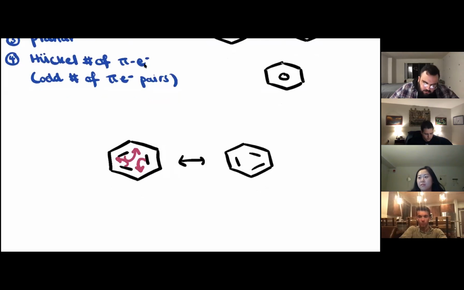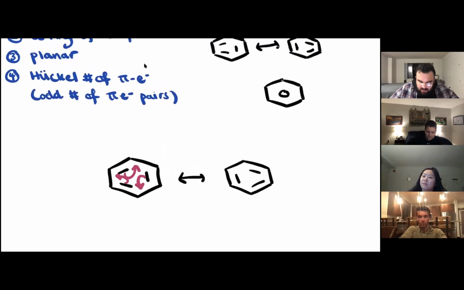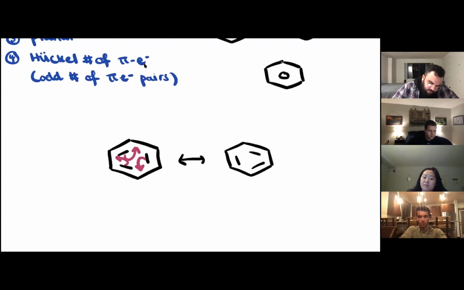And then we see that the ring has to be all sp2 atoms. You can tell that because each one has a pi bond that is unhybridized and it can be delocalized. All these atoms are sp2.